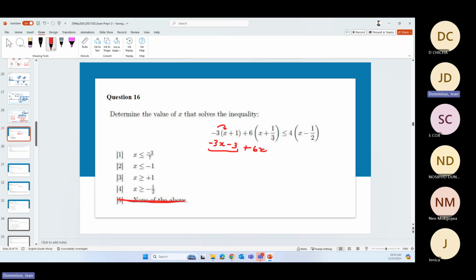I don't want to work with fractions if I don't need to. So plus 6 times that will actually give you plus 2. And on the left-hand side, 4 times x is 4x. 4 times a half, again I'm going to work it out with my calculator, is minus 2. Okay, so there we've simplified a bit.